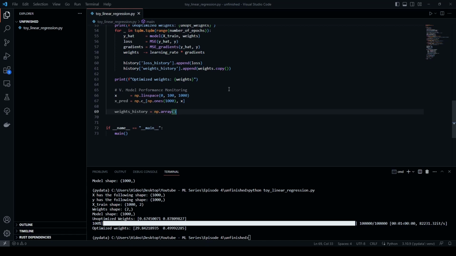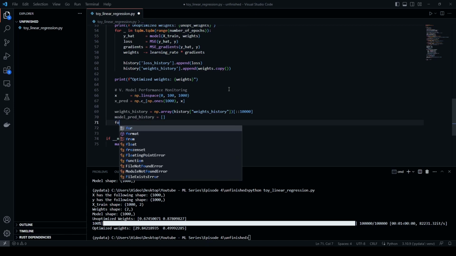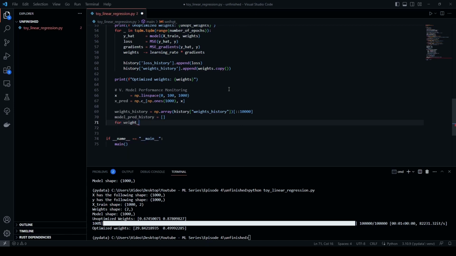We don't want to plot 100,000 different model predictions. We wouldn't understand the thing from the plot. So we take every 10,000th weights from our weights history. Then we can calculate the model prediction history.